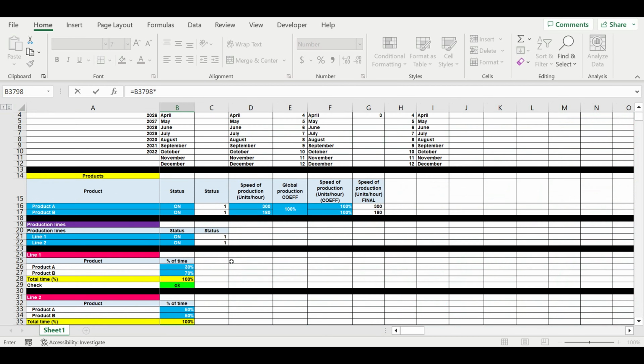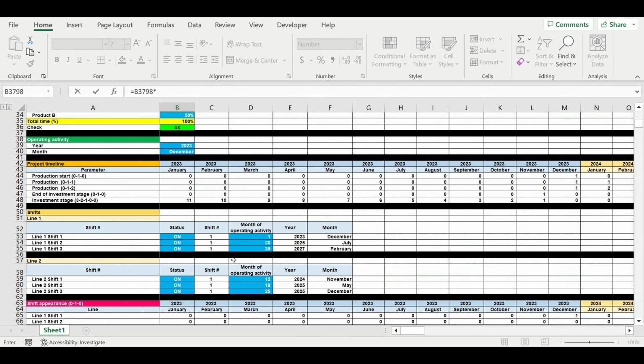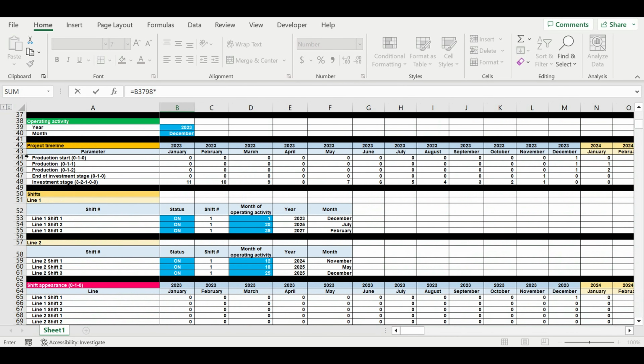And so this is the project timeline, and here we have the production 0111. This means that we are going to link all the fixed expenses to this specific line, to the moment when we do have an operating activity, and we are freezing this line.